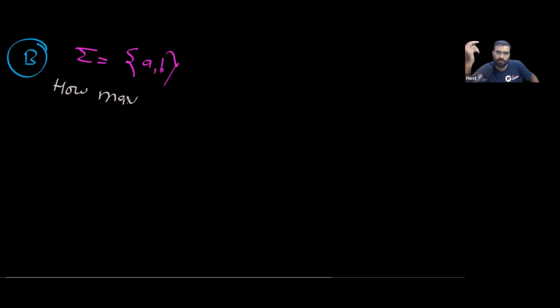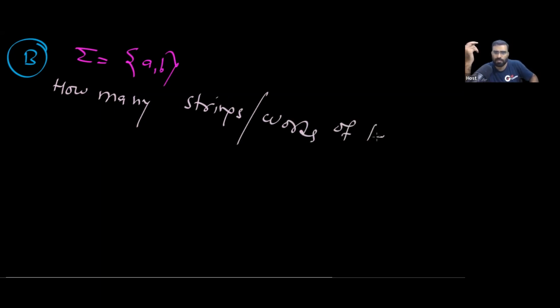So let's see option B. Your sigma is only a, b. So how many strings of length 4 can you create? Word means string. Remember, I told you that strings and words are the same.